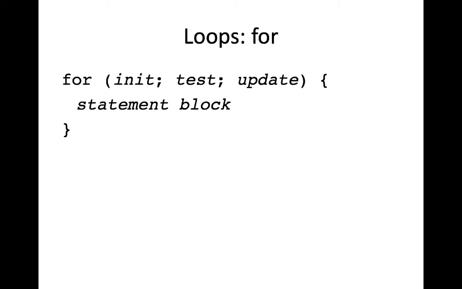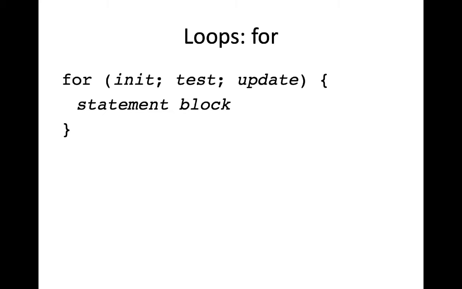So the idea behind a for loop is you're taking some variable, almost invariably an integer, but it doesn't have to be, and you're running it through some range of values, a loop counter, and then going through the statement block that many times.